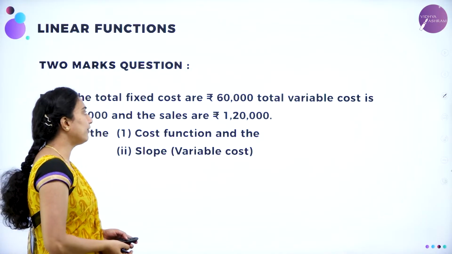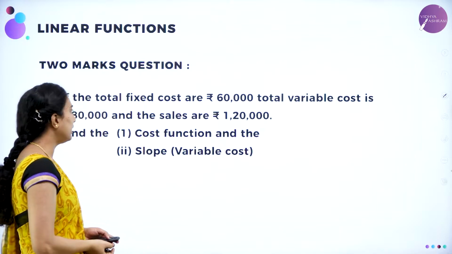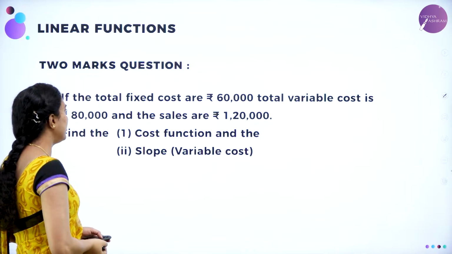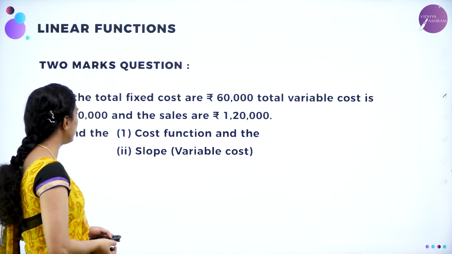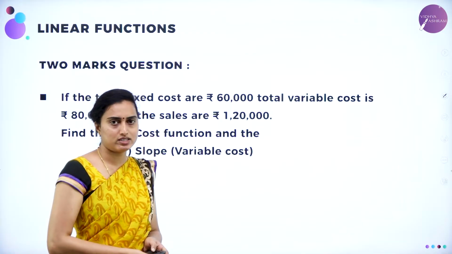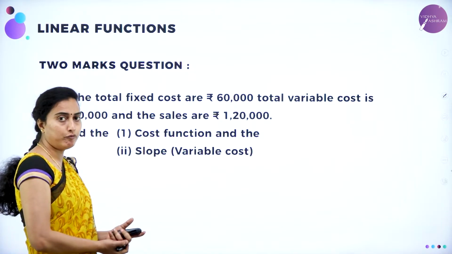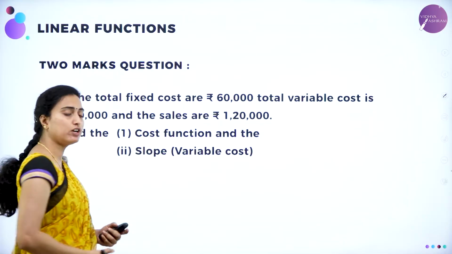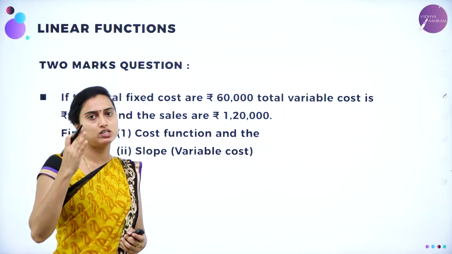If the total fixed cost is 60,000, total variable cost is 80,000 and the sales are 1,20,000, find the cost function and variable cost. So here, let's first find the slope of variable cost, because a cost function is total variable cost plus total fixed cost.